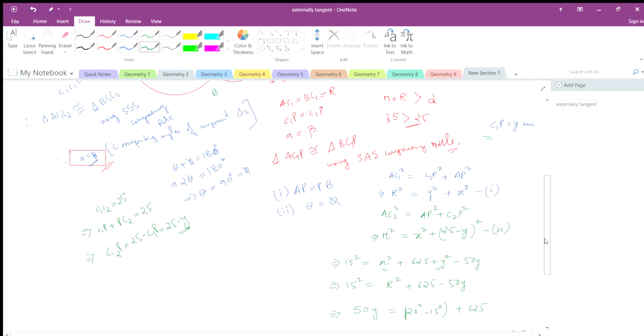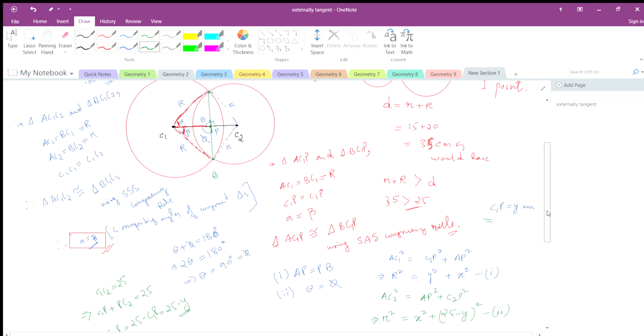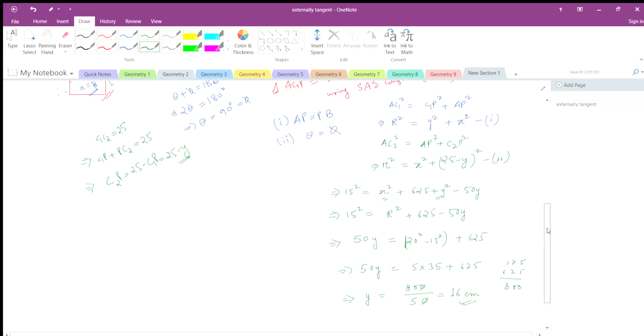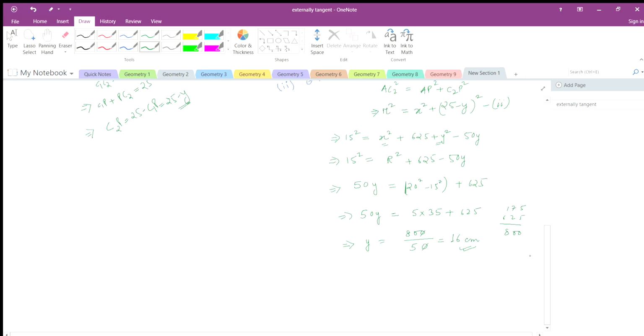What is y? Y is C1P. We need to find the value of x to get the length of the common chord. Now substitute y equal to 16 in the first equation. What is the first equation? We have capital R square, right? Capital R square is x square plus y square. So what is capital R? Is it 15?